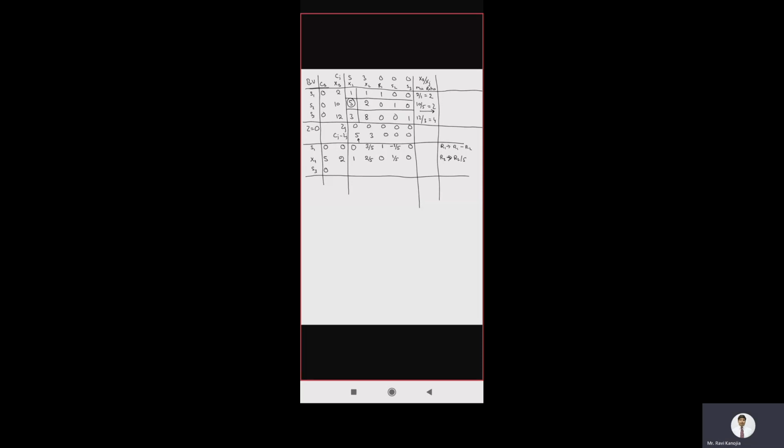The third row, what we have is we have 3 as the value. So I'll use the transformation R3 to R3 minus 3 times R2. पहले 1 को 3 बनाएंगे फिर 3 से स्टार्ट करेंगे. तो ये कितना रहेगा 12 minus 6, gives me a value of 6. Then I have a value of 0.